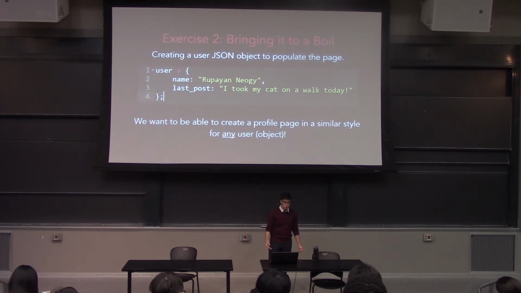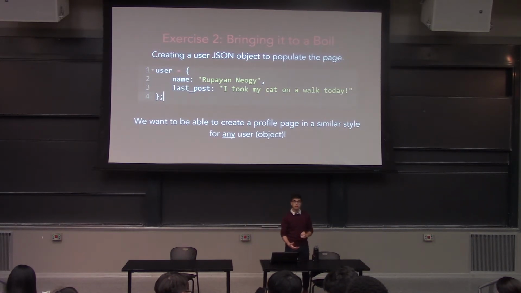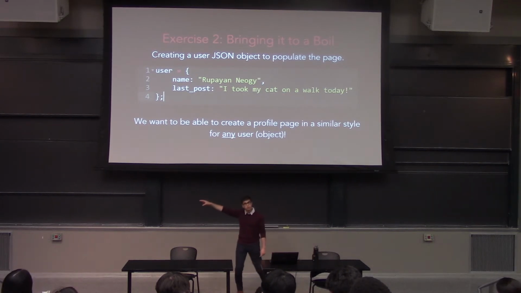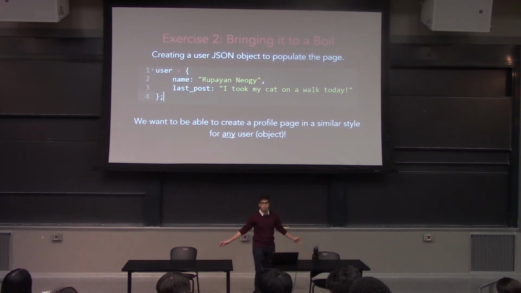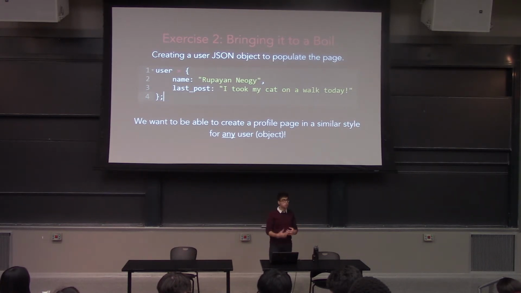Each person has their own user object that helps populate it. Normally we'd get the user's data from some server or database, but that's not for today. So for today we'll mock that up: we're just going to create our own user object, local here for now, and try to populate our page based on that. Okay?